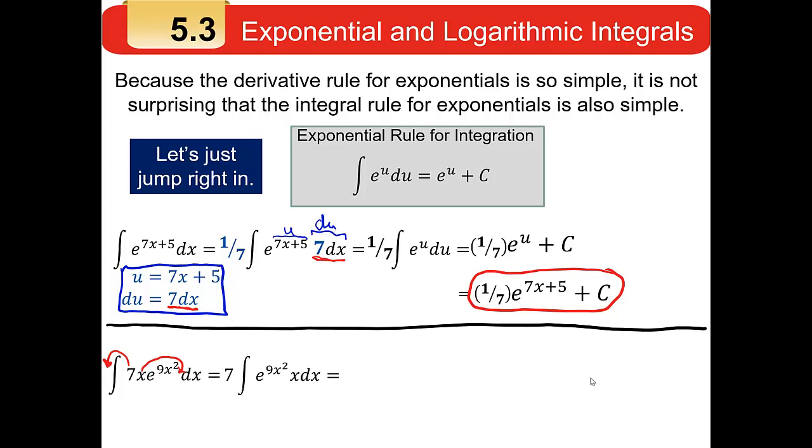I'm pretty sure, and thinking ahead, when u is equal to 9x squared, du is going to be 18x dx. I have the x dx sitting there, you can see, but the x is on the left side of the exponential. I think I'll slide it over, and also remember that the numerical value can be pulled outside of the integral sign just so it's out of the way.